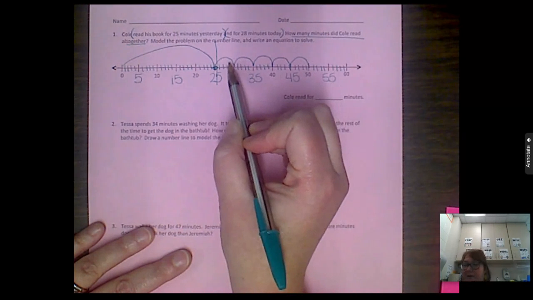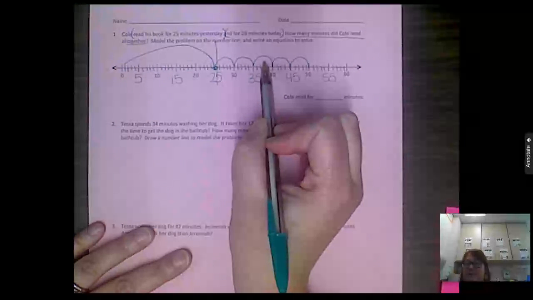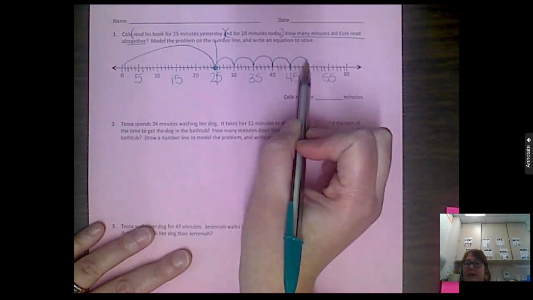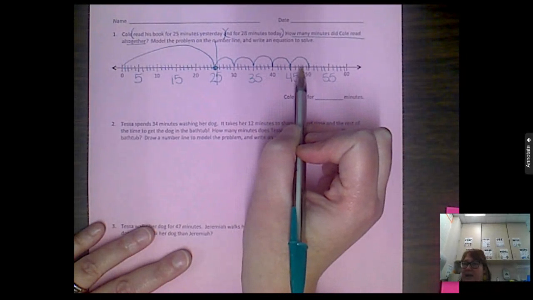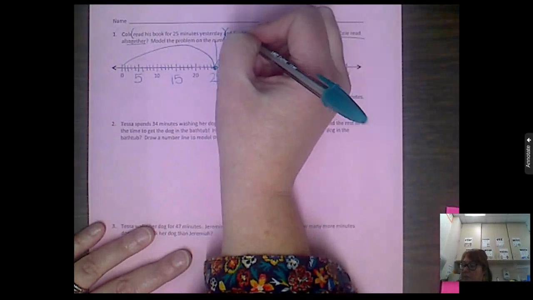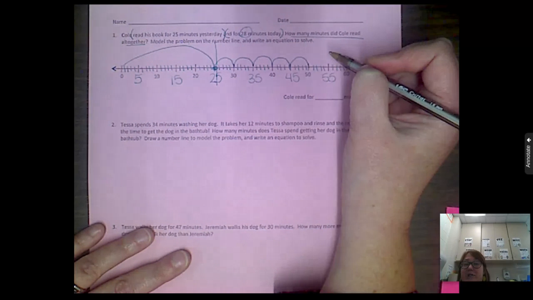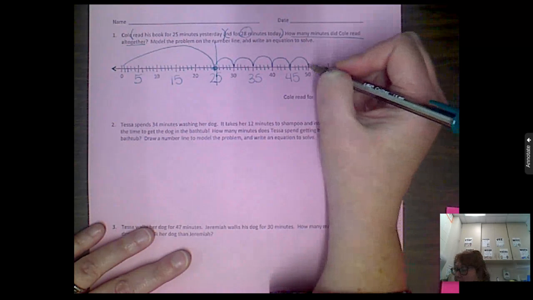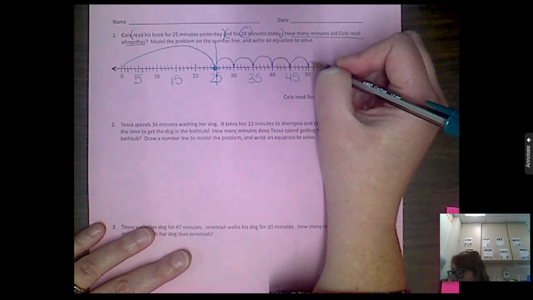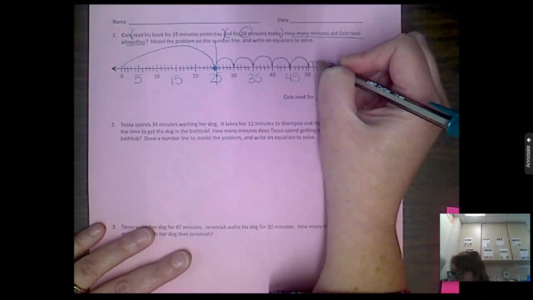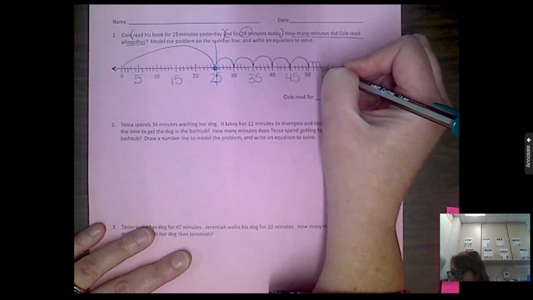I've got 5, 10, 15, 20, 25. Can I do a whole other 5? No, because remember, I'm only adding 28. So if I'm at 25, now I need to make some single jumps. So if I'm at 25, 26, 27, 28, and then I see where I'm at right there.